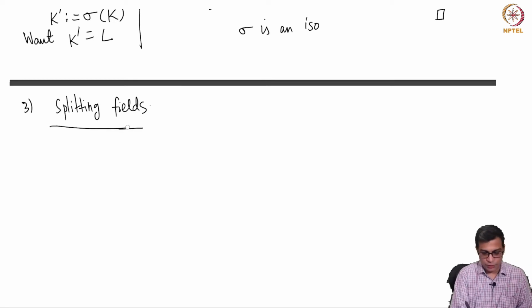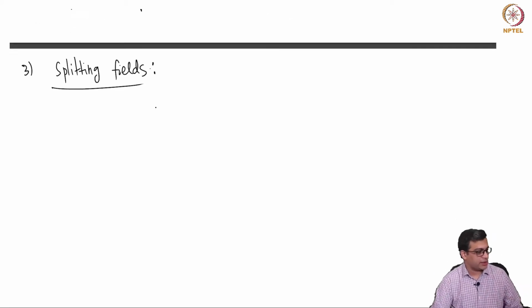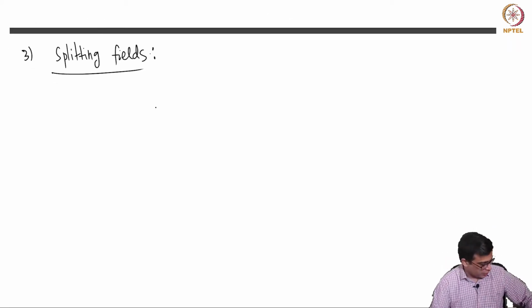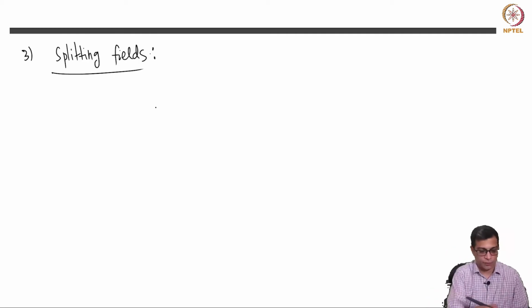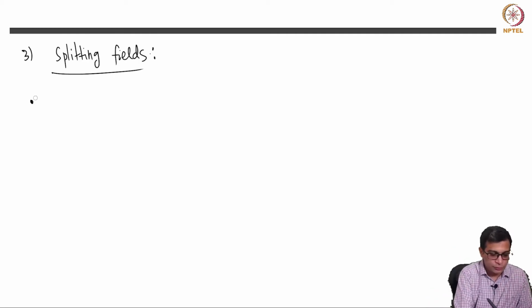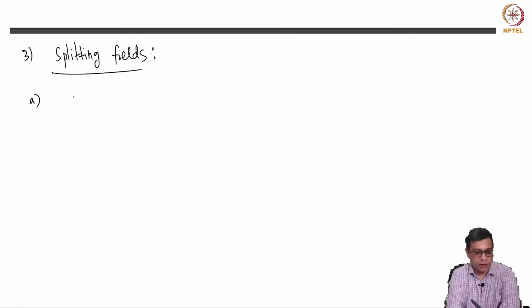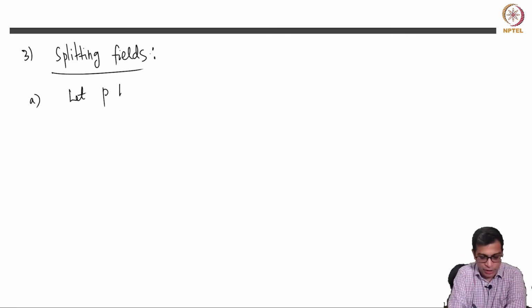So I'm going to just give you a few examples of how to compute splitting fields. Again, these are things that you may have studied in your algebra field theory course, but I wanted to do a hands-on example so that you are comfortable with the kind of calculations that we will do later. Okay, so let me start with some simple examples. Let p be a prime number.